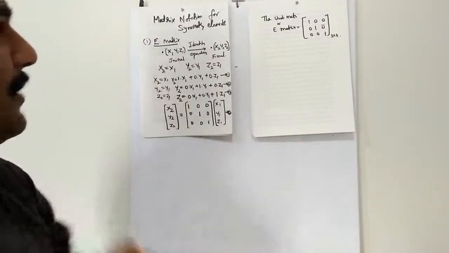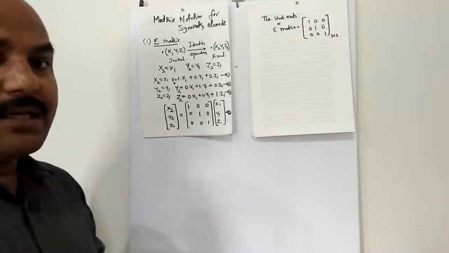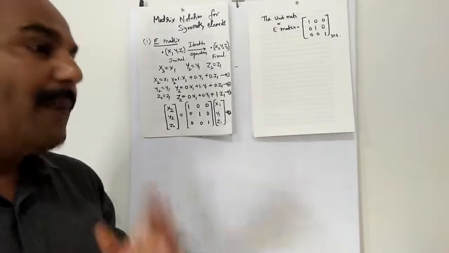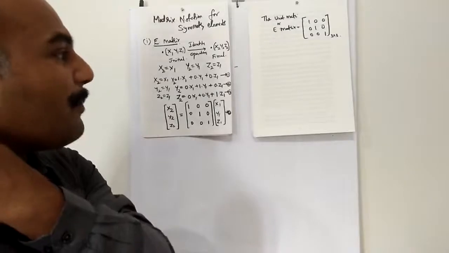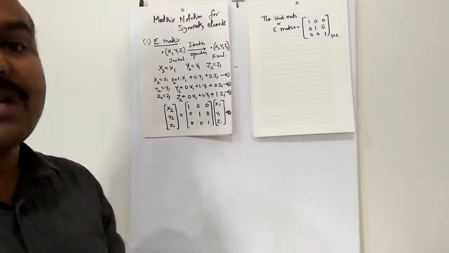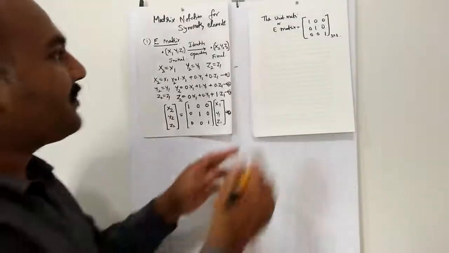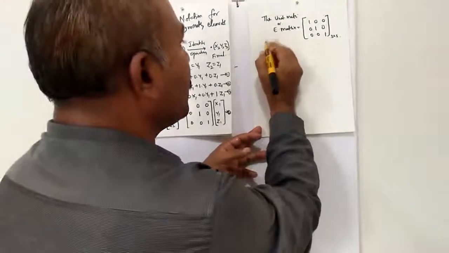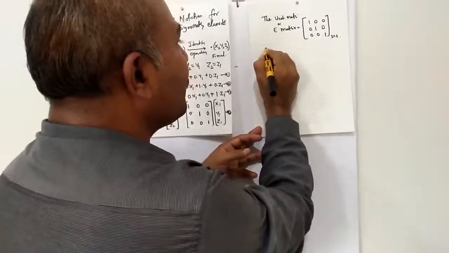So now we'll go for the next representation, that is the matrix representation for the sigma operation. That means for the reflection plane, the matrix representation for the sigma operation. That is called the sigma matrix.